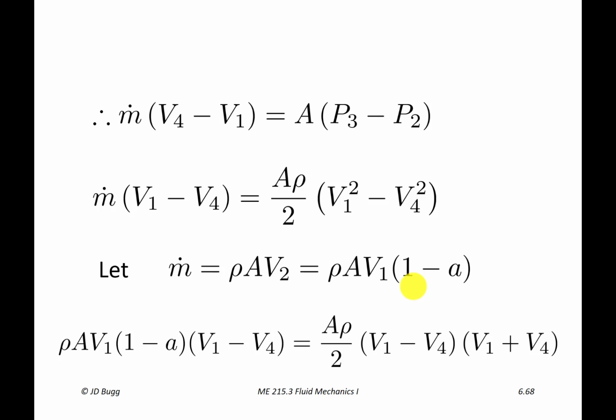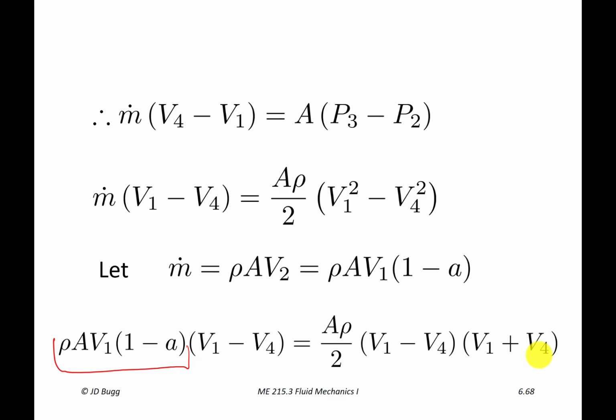So this is just substituting this in for mass flow rate. So we have all of that for mass flow rate. So that's our mass flow rate. Still have V1 minus V4 here. Now the right-hand side, A rho over 2 hasn't changed, but we've expanded this out using a difference of squares. So that's equal to (V1 minus V4) times (V1 plus V4).